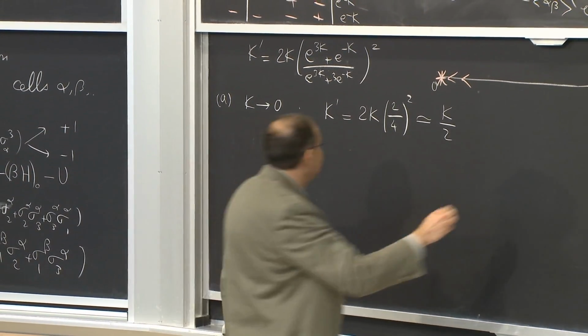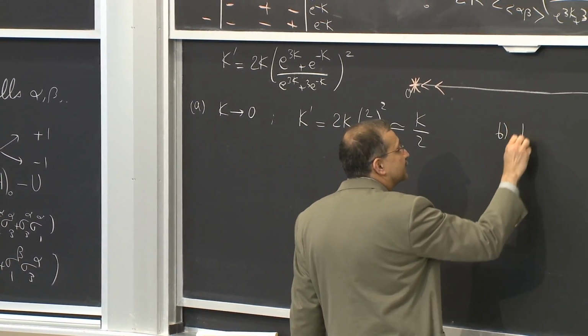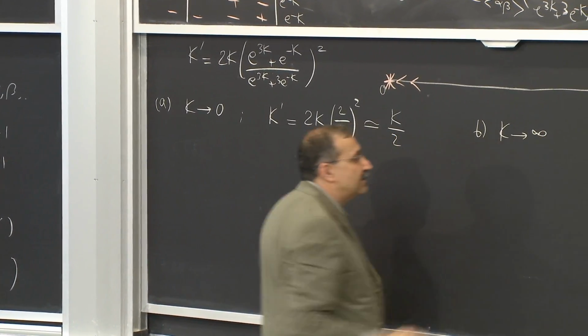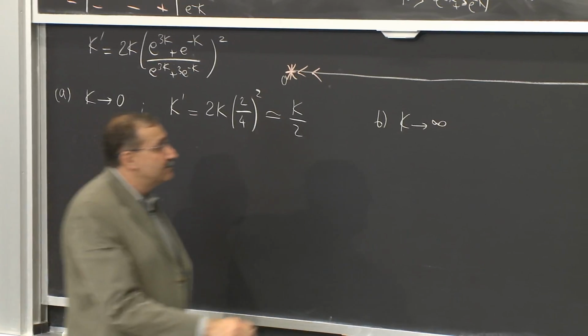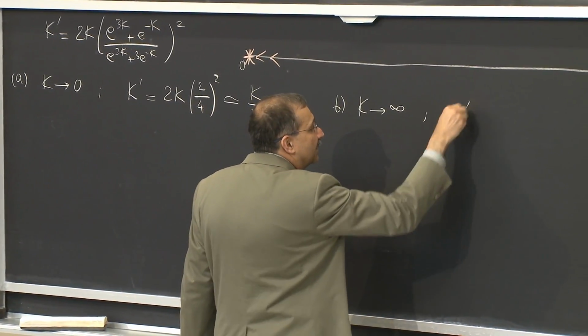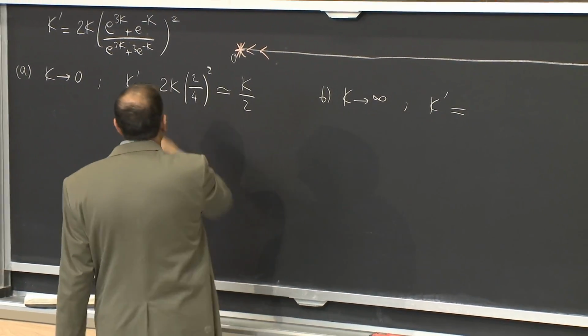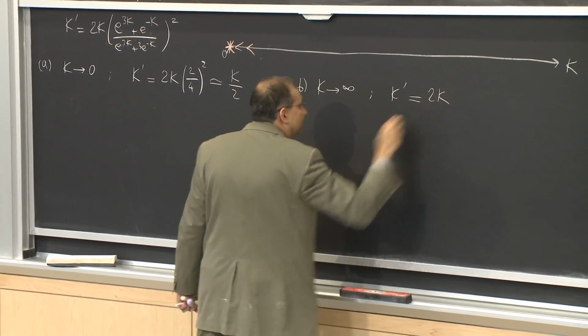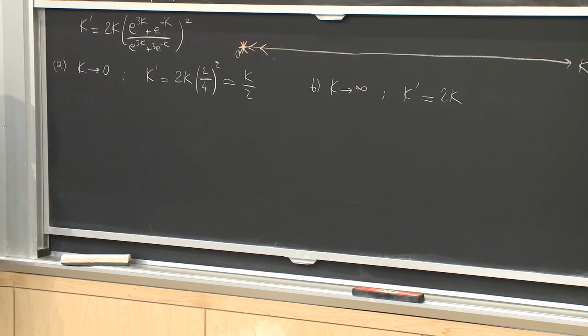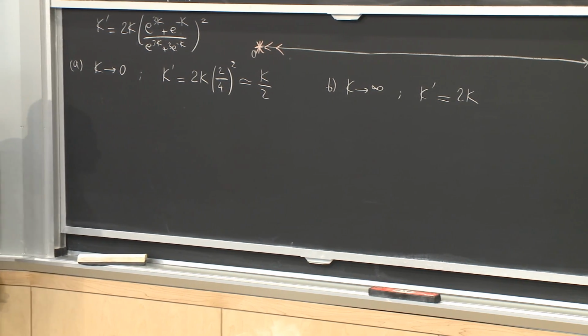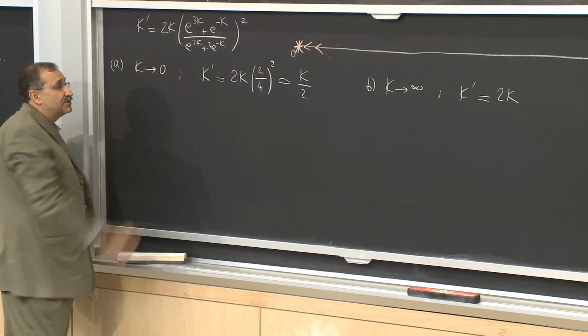But now let's look at the other limit. What happens when k is very large? K goes to infinity. Then k prime is, well, there's the 2k out front, but that's it, because e to the 3k is going to dominate over e to the minus k when k is large, and this ratio goes to 1.